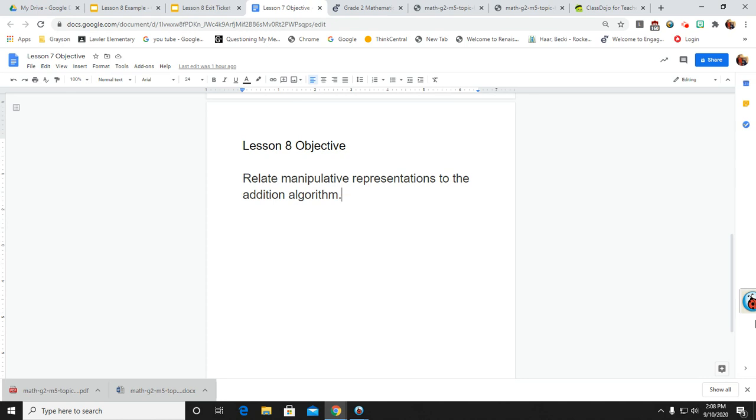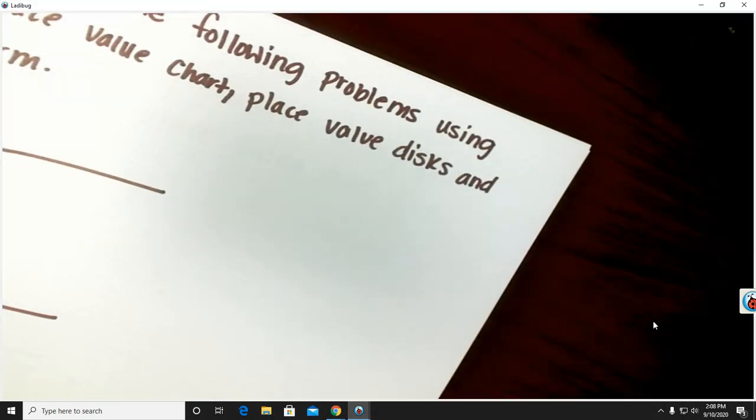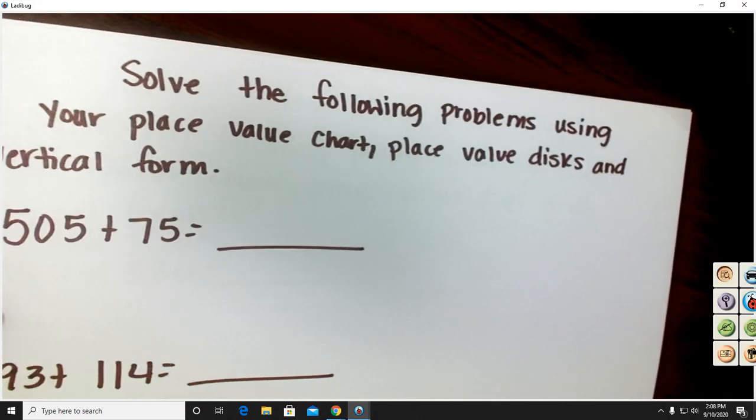It's basically what we've been doing all week and last week. We're just still leading our way up to the algorithm of addition the way that maybe your parents and myself were taught. Okay, so we're just going to do some practice together.